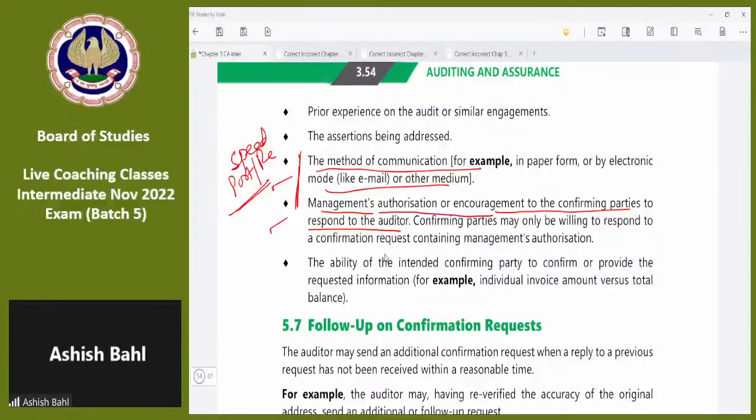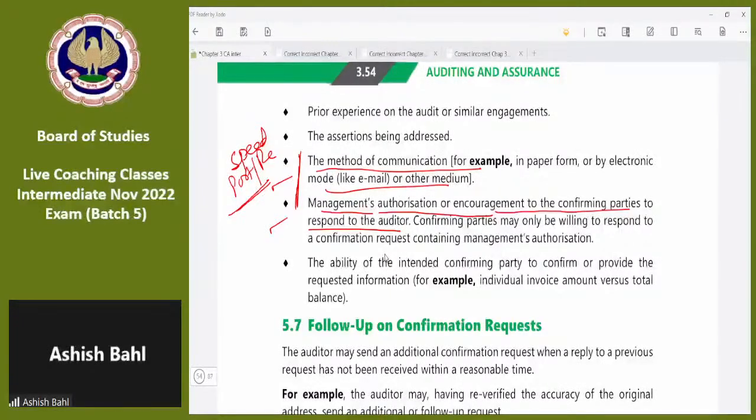If the management encourages the other parties to respond, they would respond quickly and accurately because they have a business relationship with that company.